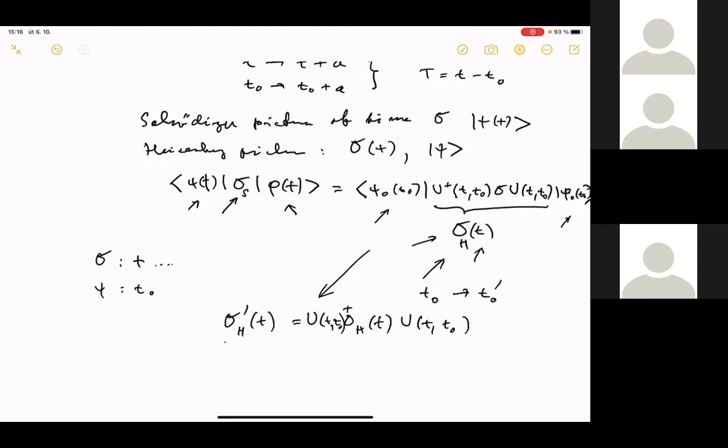So these operators have the same matrix elements. So we can either use such Heisenberg operators and the state at t0 prime, or the old operators with the initial state at t0.